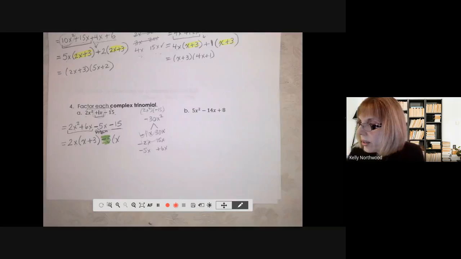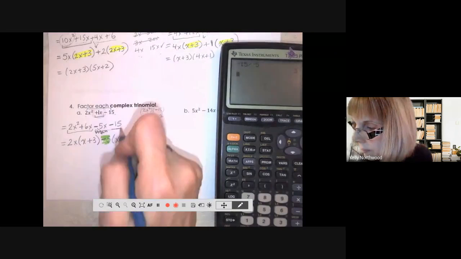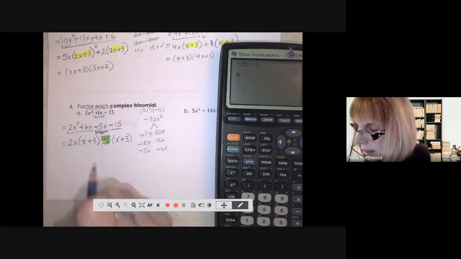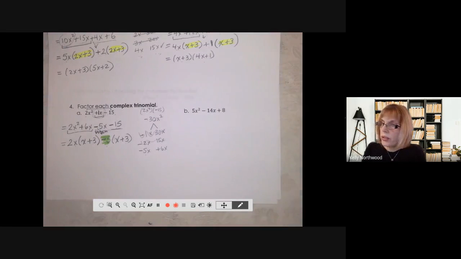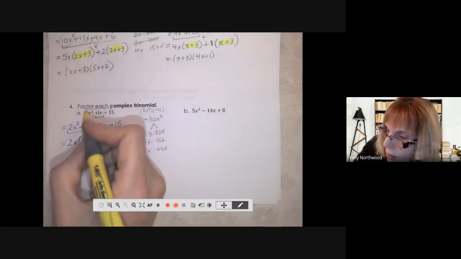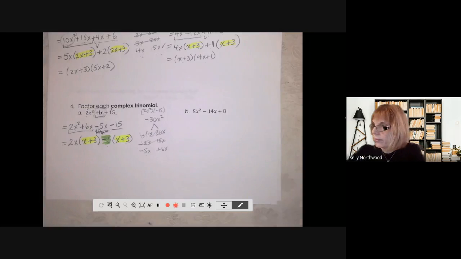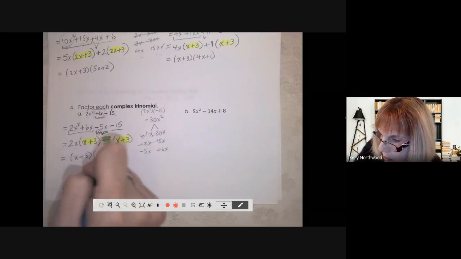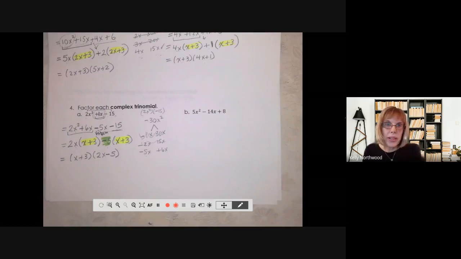If you're not sure, then on your calculator, you can do negative 15 divided by negative 5, and that's positive 3. Negative 5 times positive 3 is negative 15. Okay, so if you use your signs correctly, you'll get the common binomial with the correct signs again. There's your common binomial x plus 3, and the leftovers 2x minus 5 form the other factor.